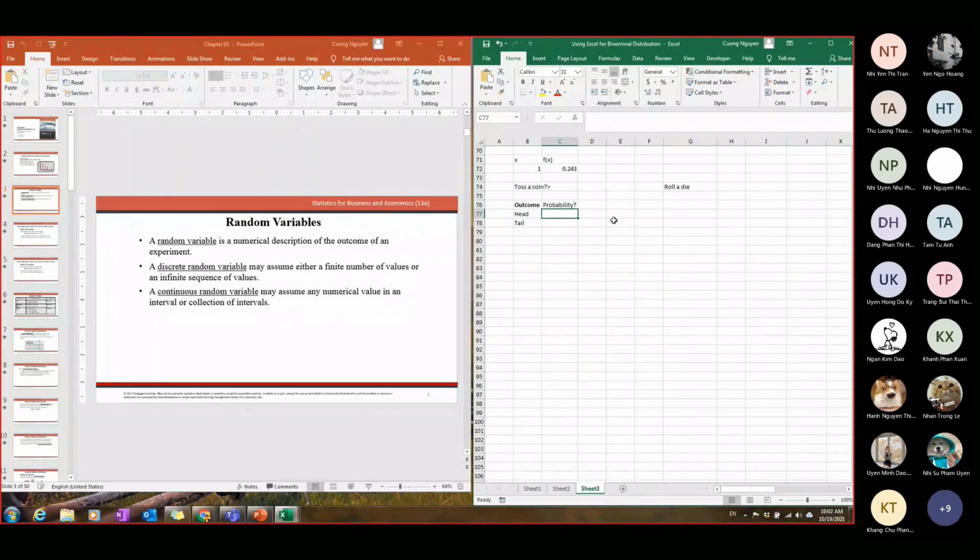How many percent that I can get the head? How many percent that I can get the tail? Anyone? 50. Yeah, please raise your hand. Okay, Nhi, and you say? 50. 50%, right? Yes. And 50%.